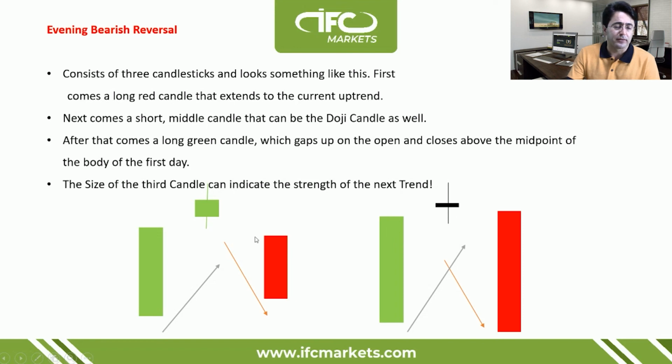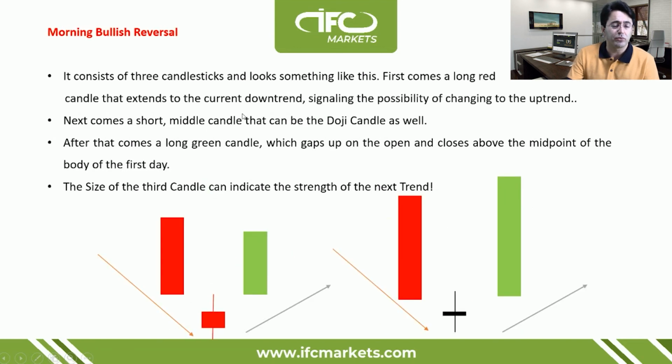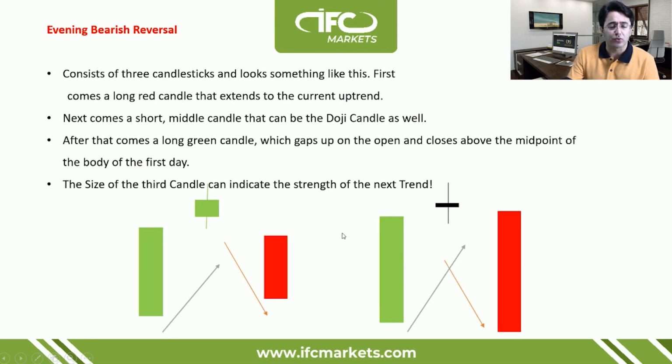And the third candle is the bearish candle, as you can see here, exactly as in the morning bullish reversal. The bigger this third candle is, the more potential your next trend has to go forward. These patterns, the evening bearish reversal and morning bullish reversal, you can see so frequently on your chart, and they're used very much in candlestick analysis.